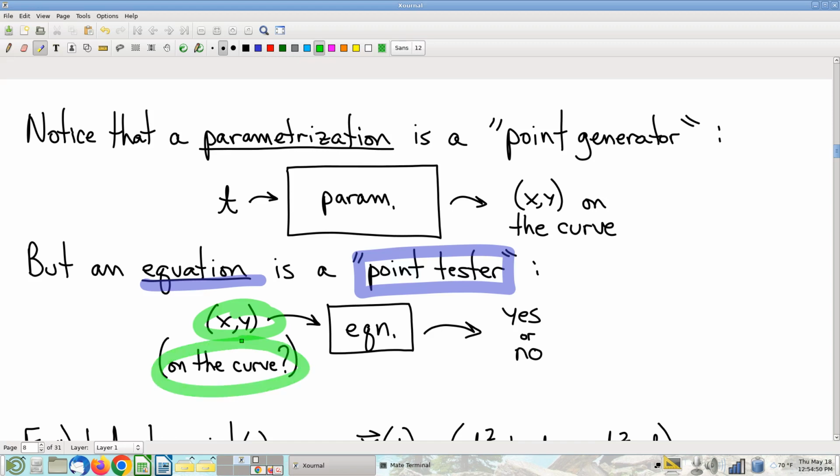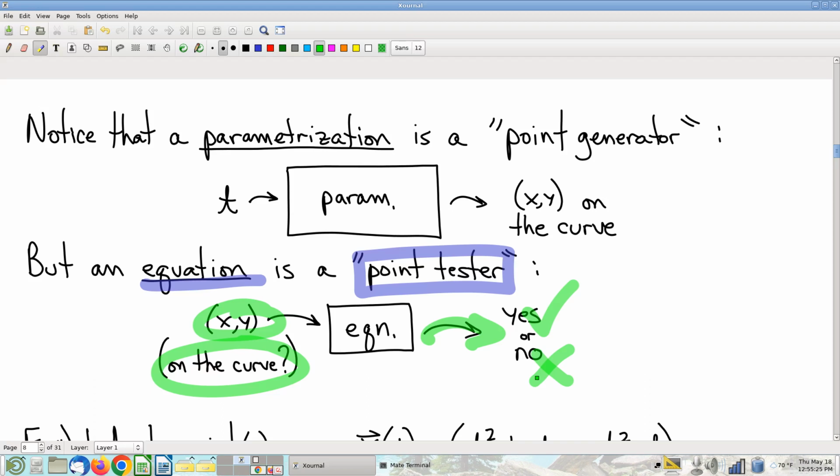You can plug in whatever point you want, and the equation either works, in which case yes, that point is on the curve, or it doesn't work, in which case no, that point is not on the curve. But an equation doesn't create or generate points. It's a way to test points. It does not create points. Everybody see the difference there?